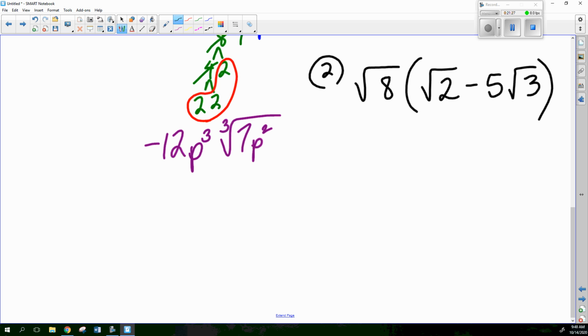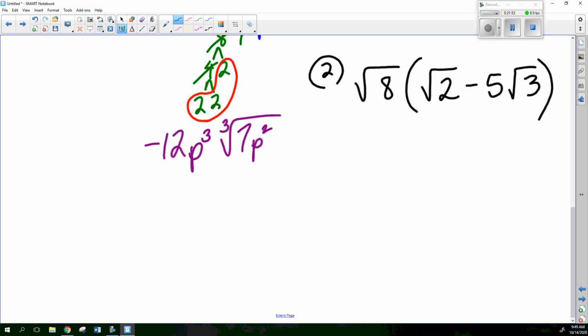Thoughts? Anybody? Yeah, this is a distributive property.